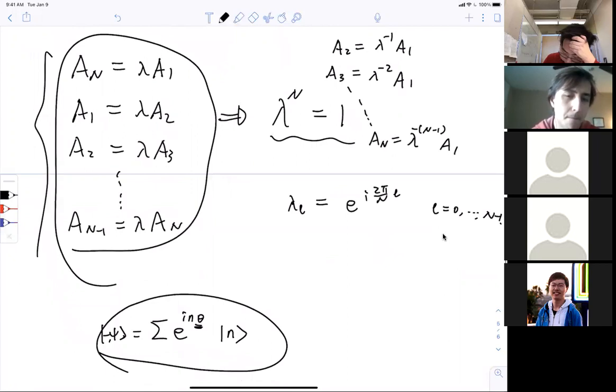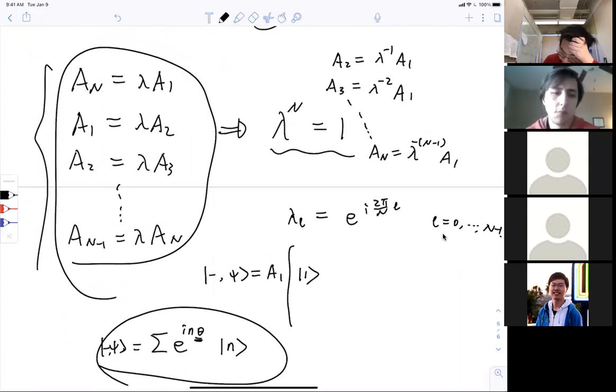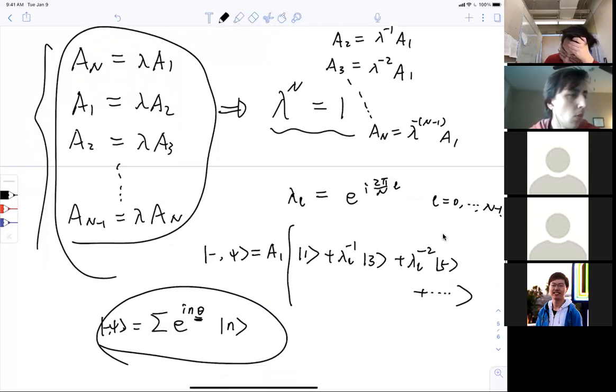This tells us psi equals a prefactor A1, which will be fixed. It's just a normalization constant, right? And then A1 plus lambda L inverse state 3 plus lambda L to the minus 2 state 5, plus dot dot.